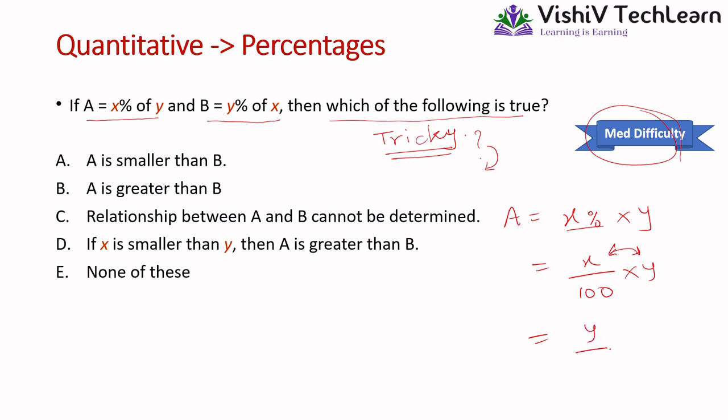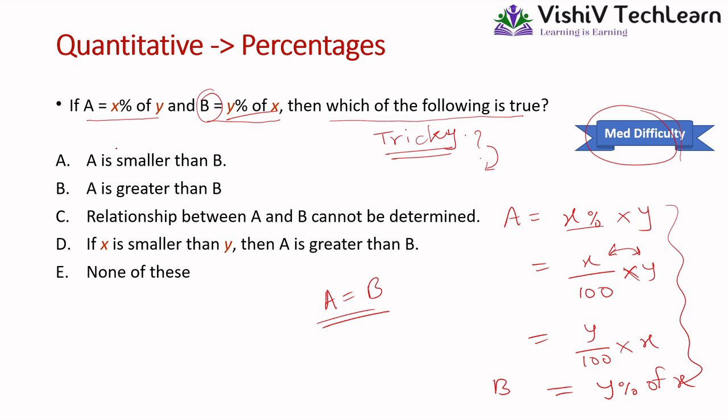So it may be written as Y upon 100 into X. And Y upon 100 is nothing but Y percent, multiplication is nothing but "of", and X we can write as it is. So Y percent of X, which is B here. So in short, A is equal to B. This relation we got from these steps.